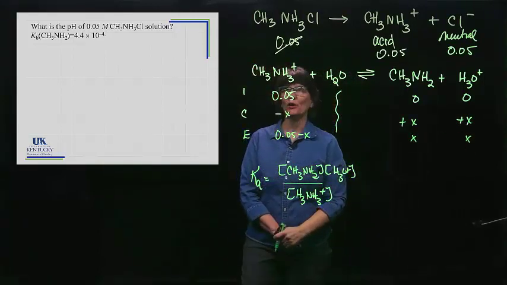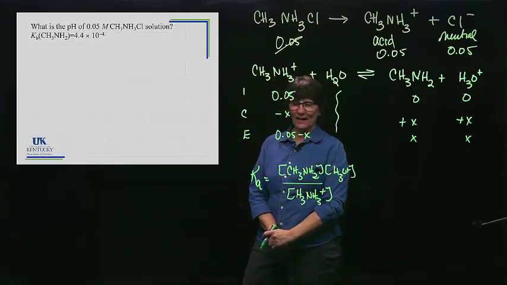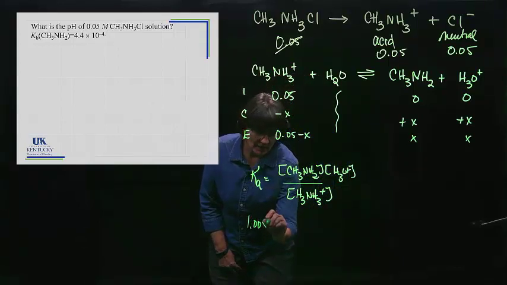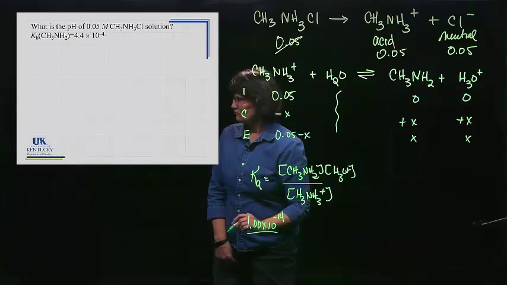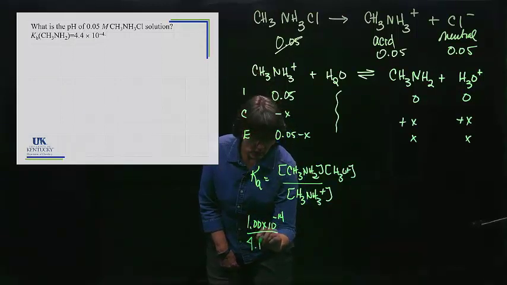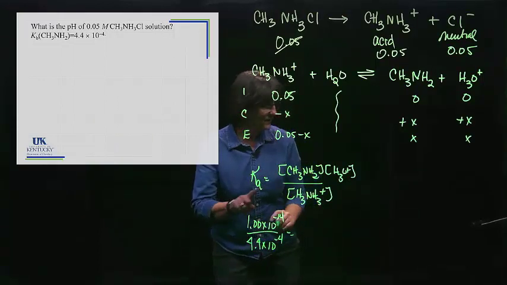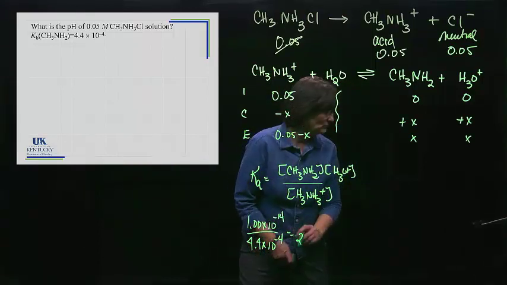Now let's plug in values. Look at the information. I was given a Kb. I need a Ka. So I take 1 times 10 to the minus 14 divided by 4.4 times 10 to the minus 4. That's going to give me the Ka that I need. It's 2.3.